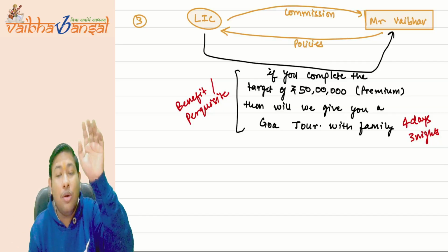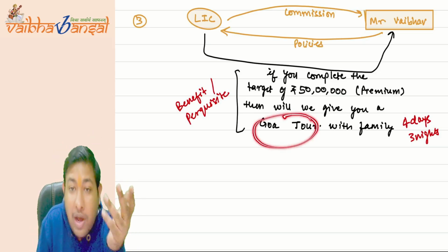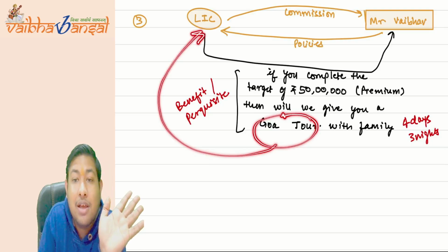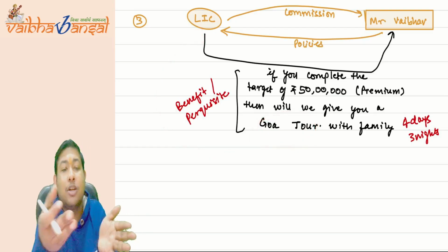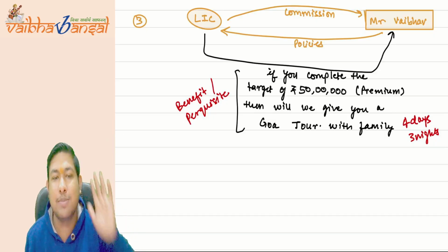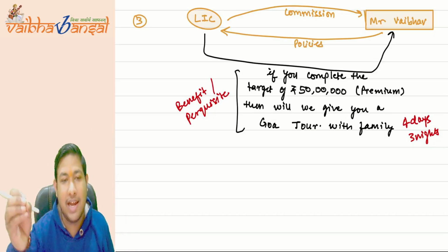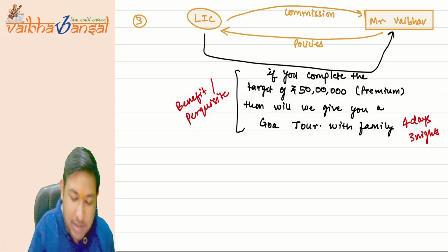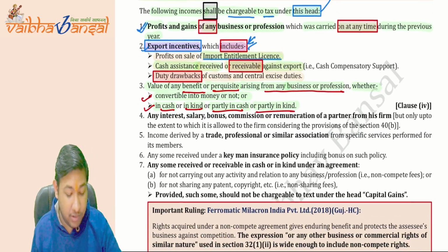How can we calculate the value of the Goa tour? Whatever cost is borne by the LIC for giving that Goa tour to you with the family, that amount will be taxable to you as well under the head PGBP. I hope it is clear. This is what question point number 3 is saying.